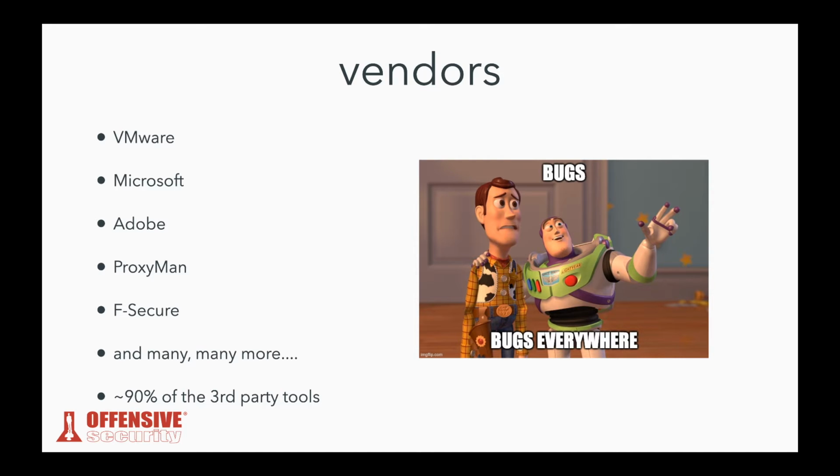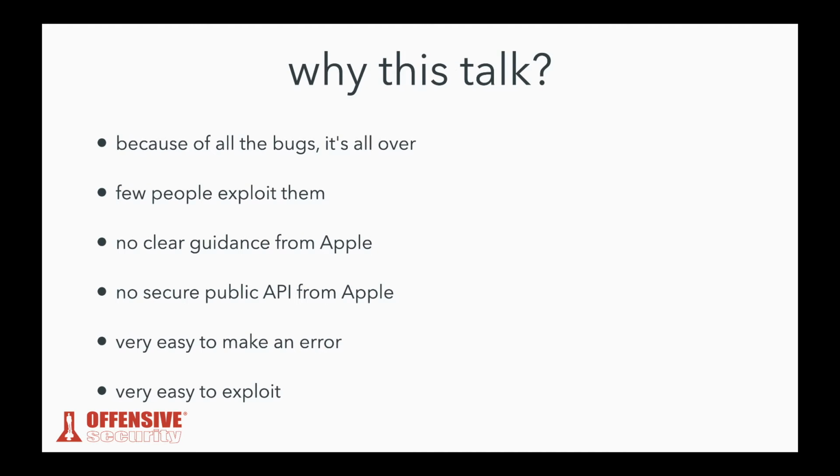Really, bugs everywhere, and this is why I wanted to do this talk. These bugs are all over. Very few people actually exploit them, and even macOS research is not that widespread.